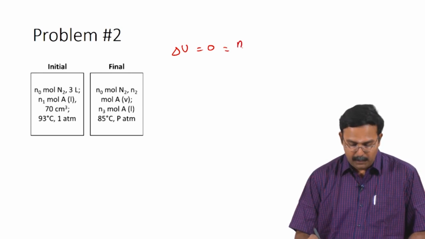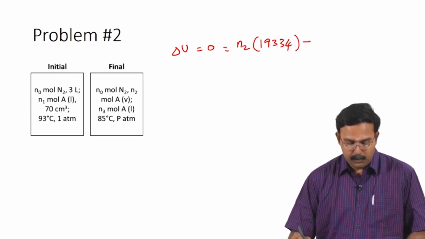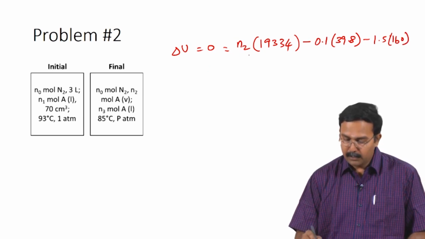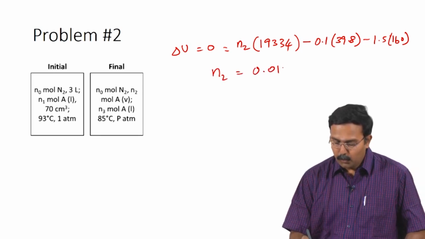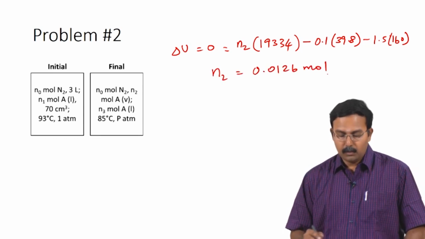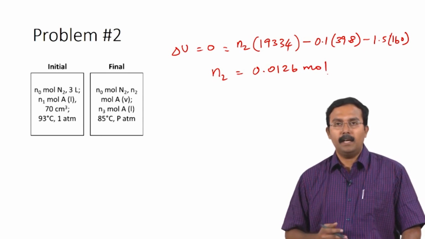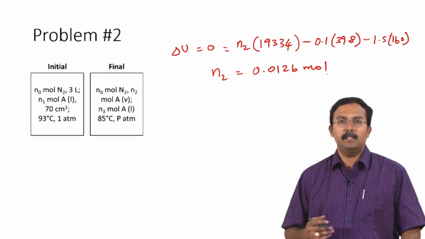So, final would be N2 times 19334, minus initial, which is 0.1 times 39.8 minus 1.5 times 160, and this would give us an equation for N2, and from here we can calculate N2 as 0.0126 moles. So, this means 0.0126 moles of the initial liquid component A has evaporated, and this is the amount which has entered into the gas phase in the final state.